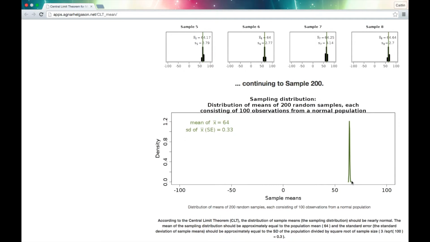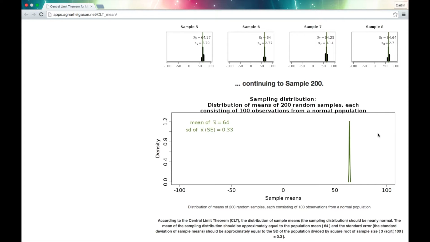This might be a little hard to see because the distribution is so skinny. But in this distribution, our mean is 64. So the mean of this distribution of sample means, the mean of means, is 64, which is exactly equal to the population mean. And this itself has a standard deviation, a standard error, of 0.33. We'll talk a little bit about how that standard error is computed in a little bit.